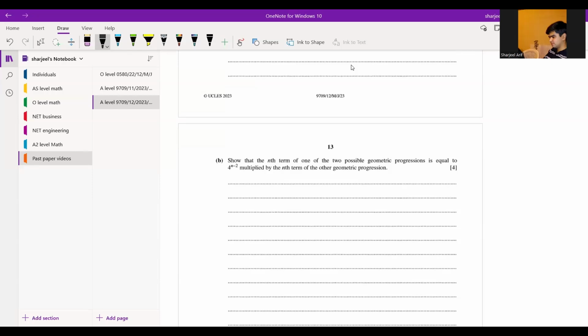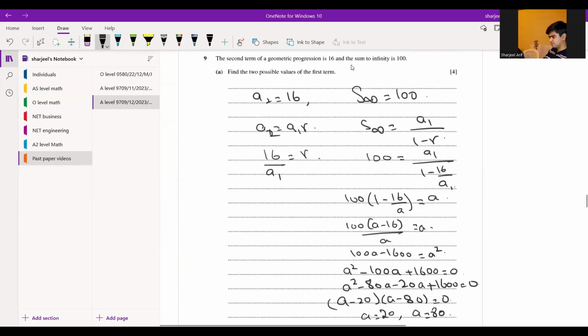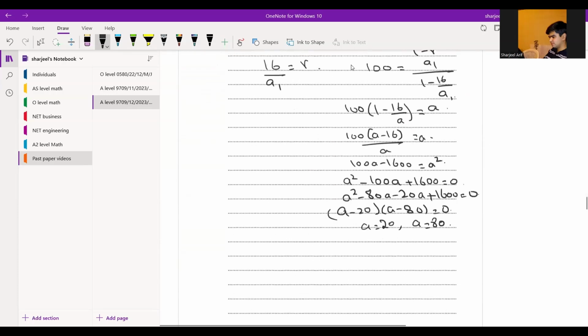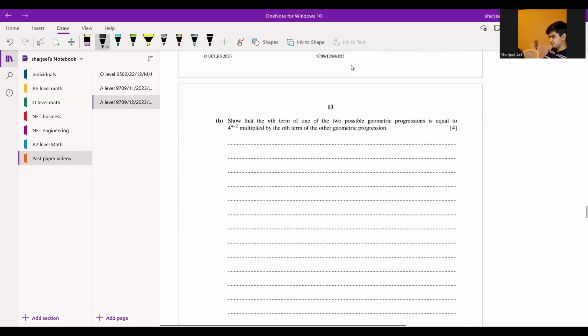For the second part, show that the nth term is one of the two possible geometric progressions. Obviously, if the value of the first term is 20 and the value of the second term is 16, the ratio will be different. And if it is 80 and 16, the ratio will be different. So we have a1 equal to 20 and a2 equal to 16 in condition number 1.